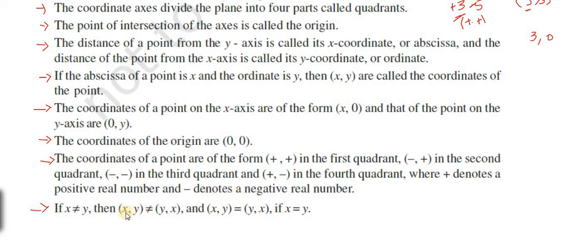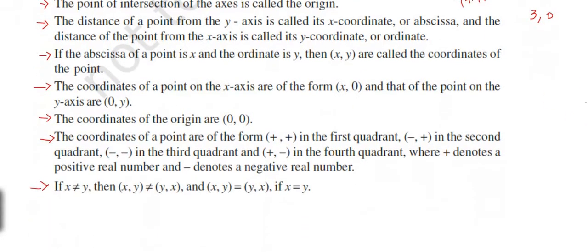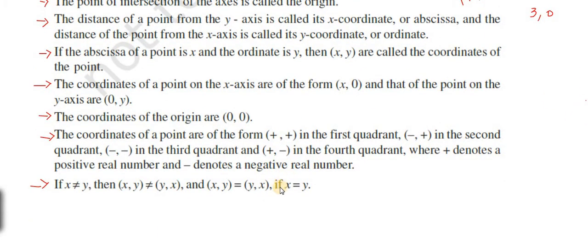If x is not equal to y, then (x, y) is not equal to (y, x), and (x, y) equals (y, x) only if x equals y. Just now I told you, (3, 5) is not equal to (5, 3); that is all they are telling you. Write all these points in your class work.